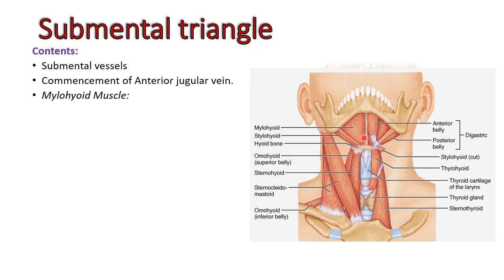They all are the suprahyoid muscles because they are present above the hyoid bone. One more muscle that can also be considered is the stylohyoid muscle, which splits to transmit the posterior belly of the digastric muscle. That is the stylohyoid, which is cut here. So these muscles are considered the suprahyoid muscles.